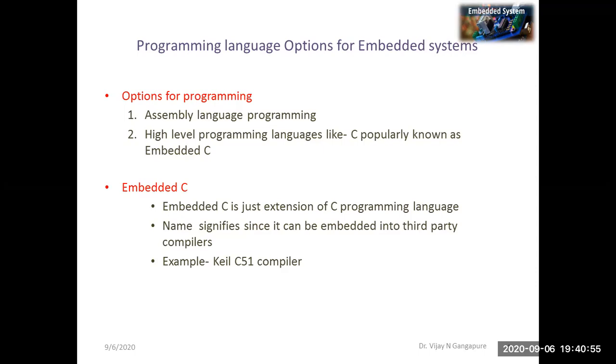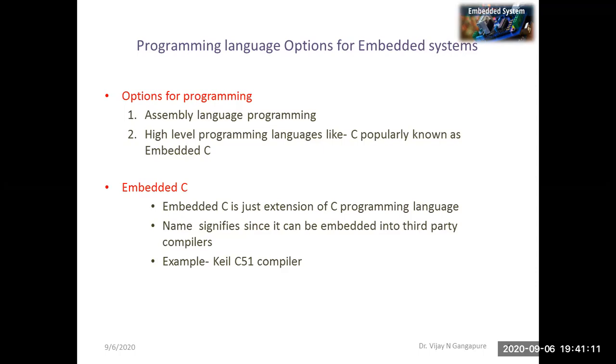Another meaning of embedded C is that it is just an extension of the C programming language, and as the name signifies, it can be embedded into any third-party compiler. For example, the Keil compiler. You have studied the Keil compiler for programming the 8051 microcontroller in assembly language.